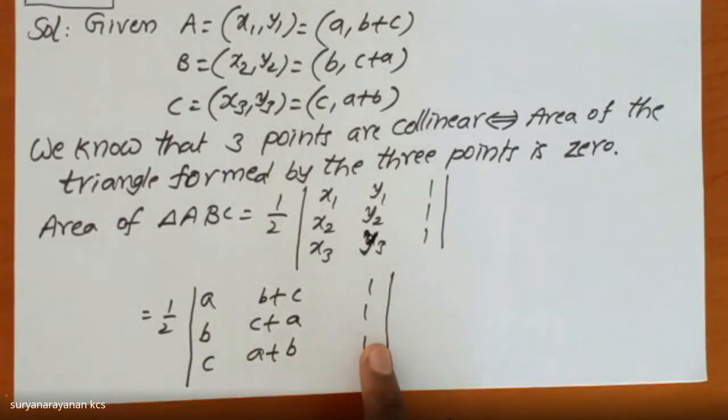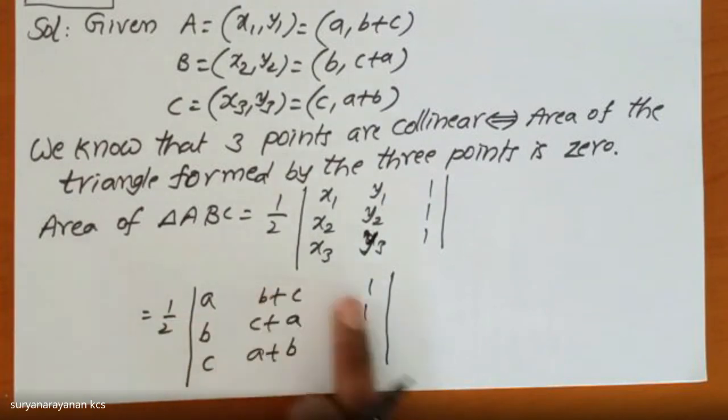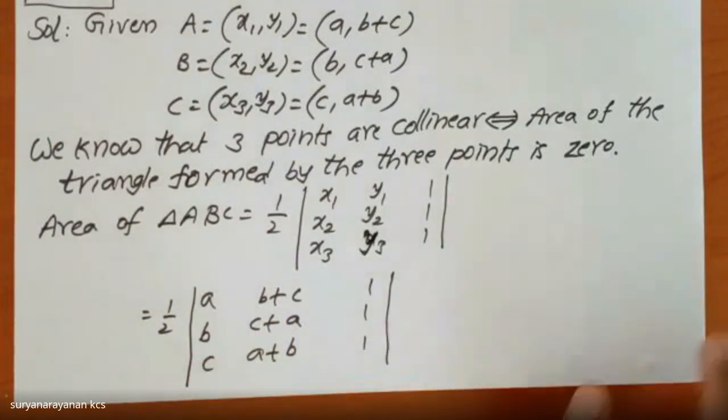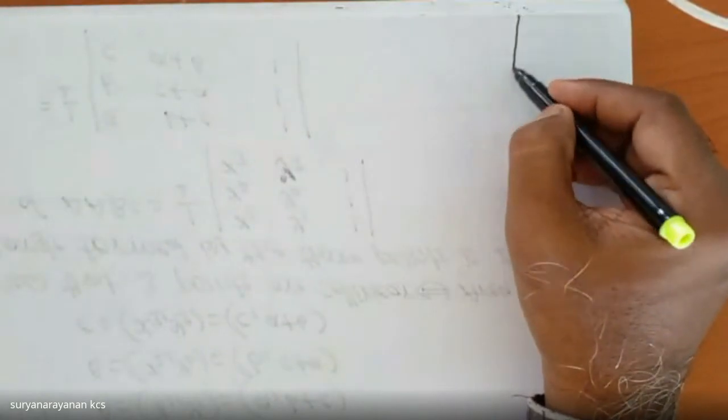Otherwise you can find the determinant directly, but I am using the properties of determinants for easier calculation.